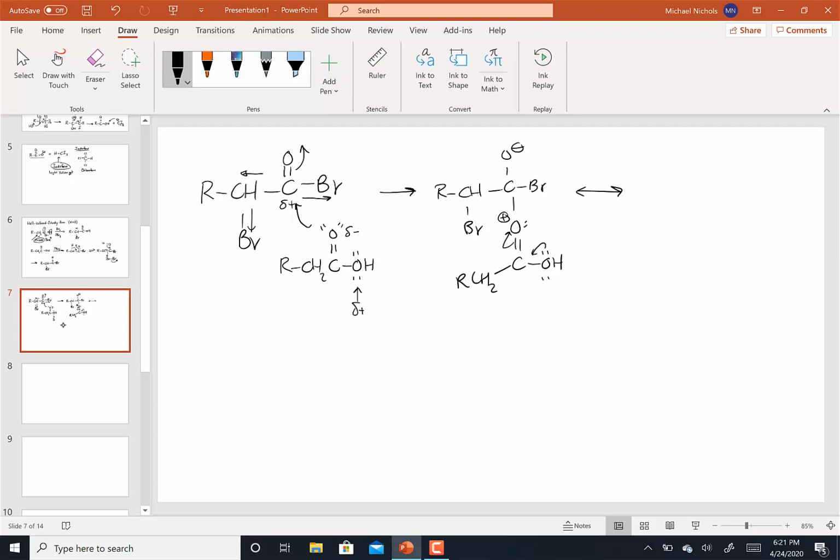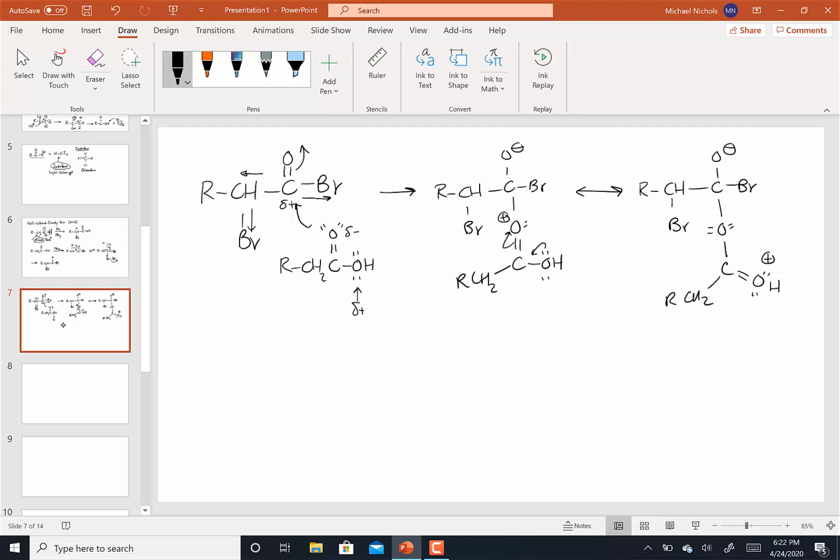So the more stable resonance structure would be this: I would still have my O- up here, and then I would have the O there, and then a C double bond O with an H, so that's going to have a positive charge, and then my RCH2 group over here. So all I'm doing is writing a resonance structure where the positive charge is now moved to basically a carbonyl. All right, that's great.